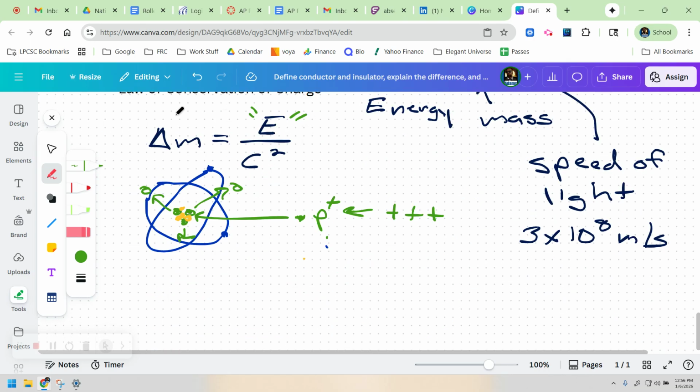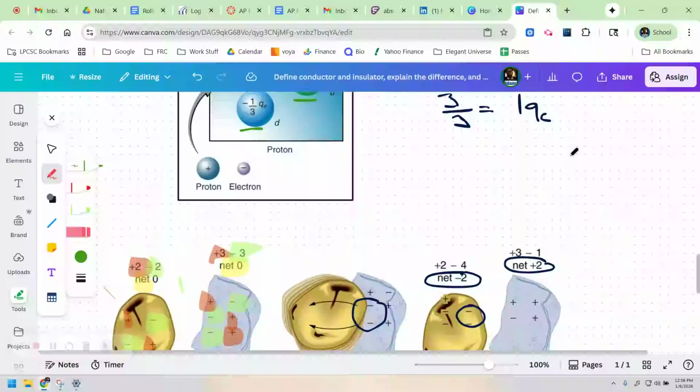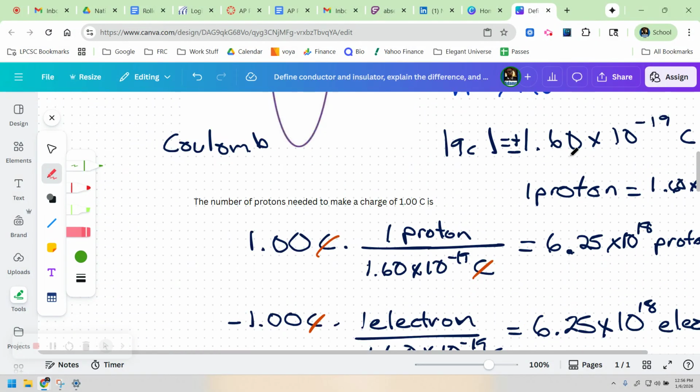And then the mathematical relationship is this. Also in a nuclear reaction, the reason there's so much energy released is that the matter does the same thing. The matter gets broken down into little charges, but billions and billions of charges, right? Remember that it takes 6.25 times 10 to the 18 protons to make one positive coulomb.